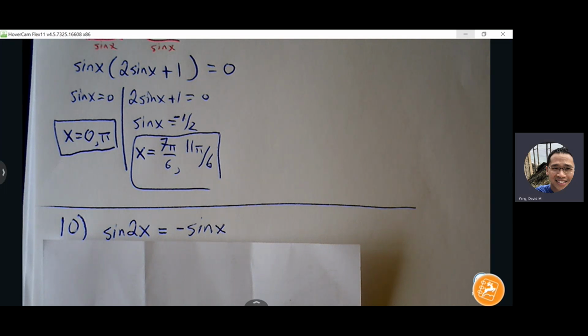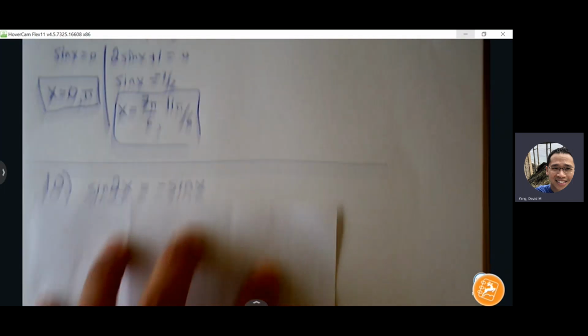Right, number 10, first step. Each side to the other side? Yeah, side to the other side, and then what would you do? Yeah, let's get that double angle taken care of, right? We can expand that sine 2x.